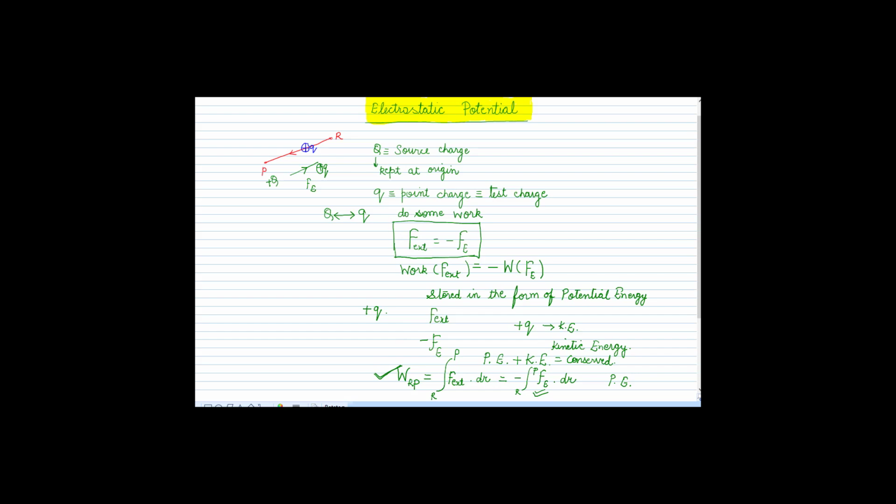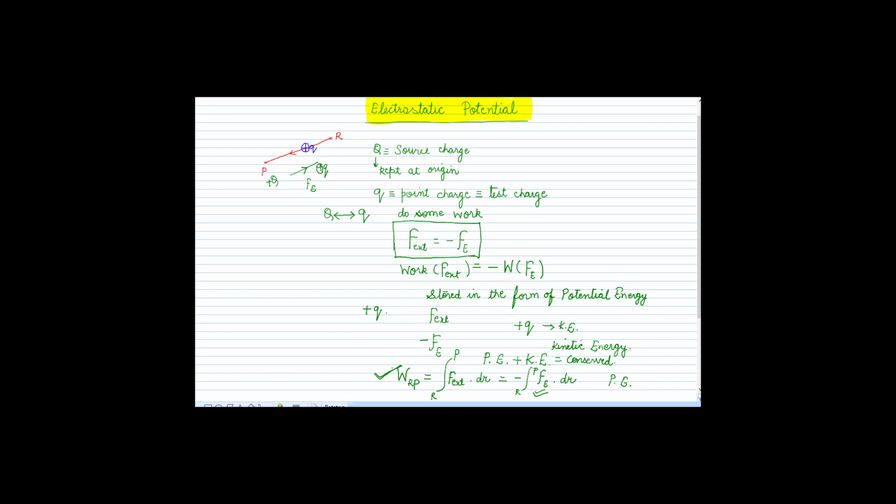So what we conclude from this is that the work done in bringing the charge plus Q from point R to point P is the external force multiplied with the distance R to P, and this is equal to the negative of the electric force, which is working due to the charge plus Q at the origin, multiplied with the distance.